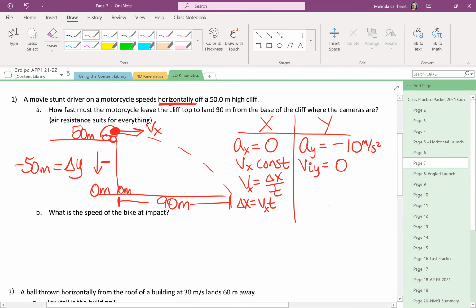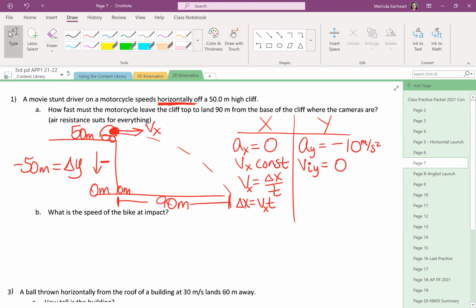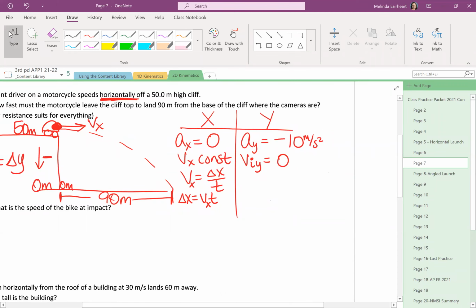Right, the initial vertical velocity is 0, okay, for horizontal launches. Now, here in a little bit, we'll start talking angled launches, and it's not going to be initial equals 0. So here's what is always true. You ready for this? The peak vertical velocity, the peaky velocity, is always 0, okay? It's just on this problem, we start at the peak, so it's initial.